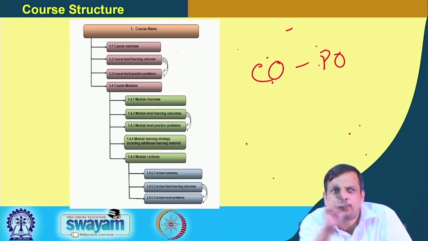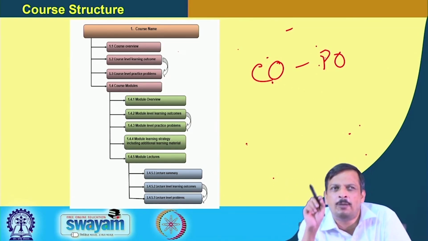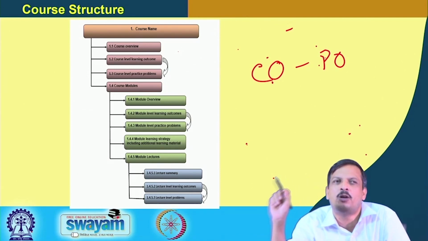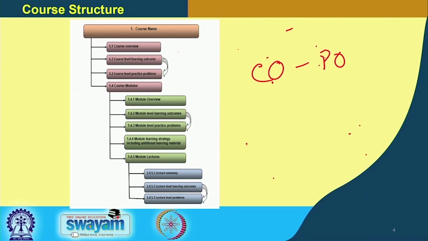If you read that PO, it is written: solve complex engineering problems. So the knowledge of mathematics, engineering, fundamental science is required, but those are the condition component. What is the performance? They should be able to solve complex engineering problems. Once I say solve, it comes from the application level.